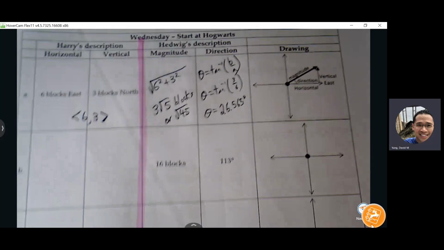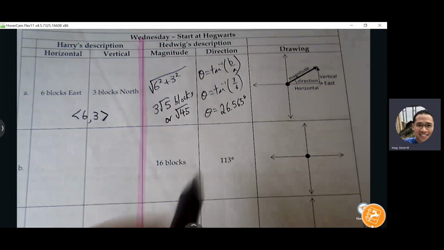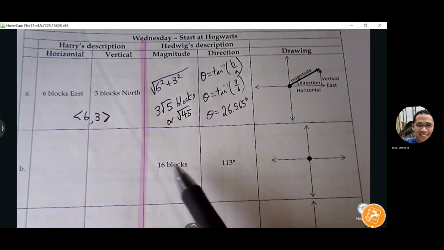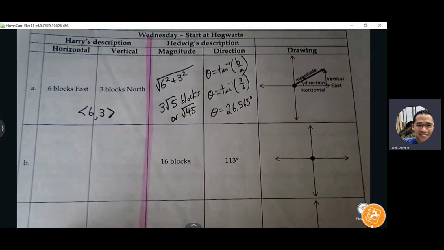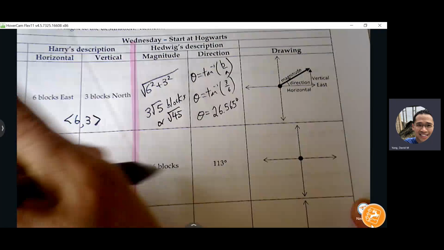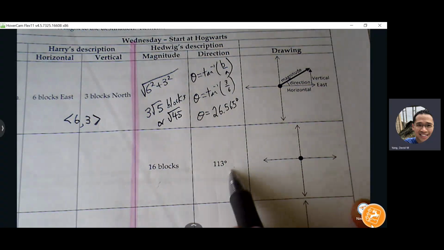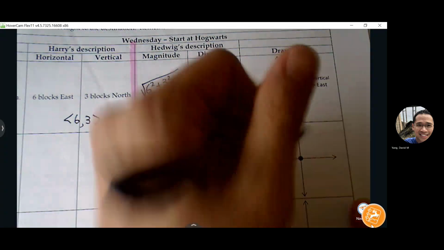All right, now we are given the hypotenuse and the angle measure, and we're trying to work backwards to figure out what is the X and Y components. Okay, so we're going 16 blocks at 113 degrees. Which quadrant is that in? Second quadrant.